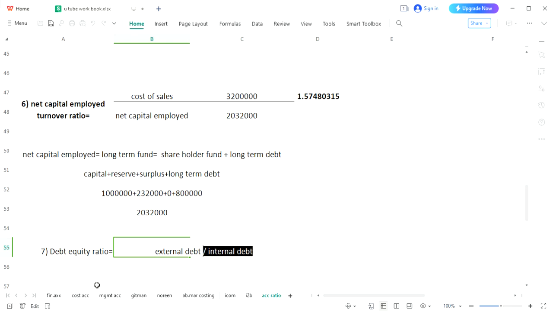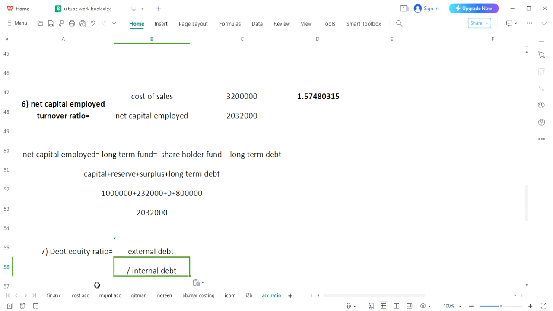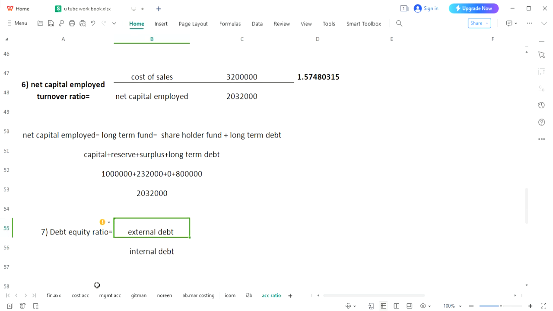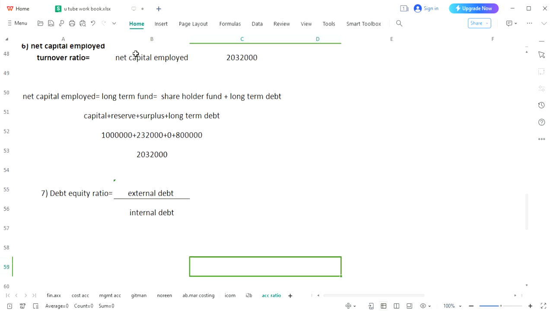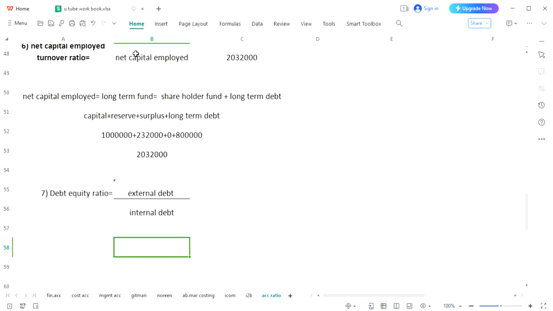So this is your external debt and you will divide it with internal debt. This is your first formula. And I have told you several times that these three formulas can be used, but it's up to the one which your book has used.